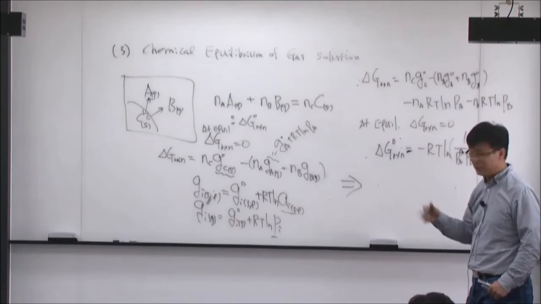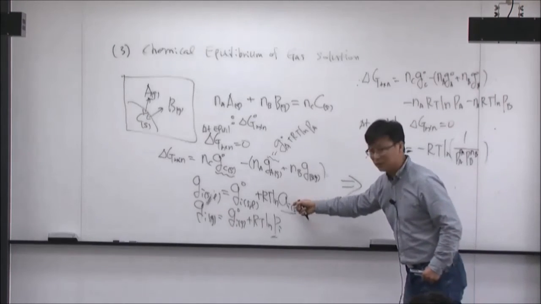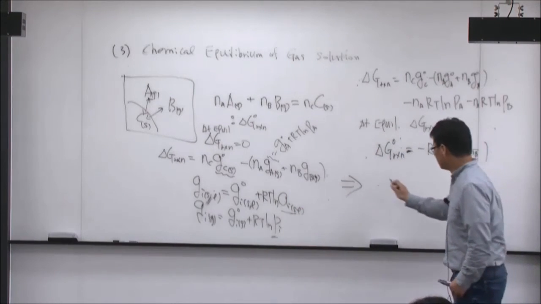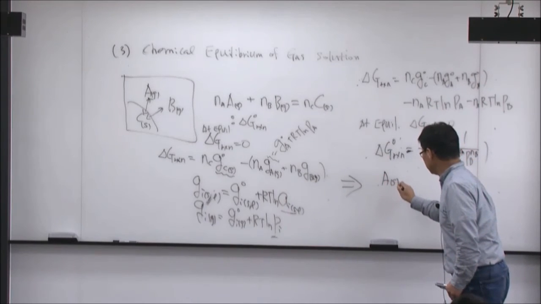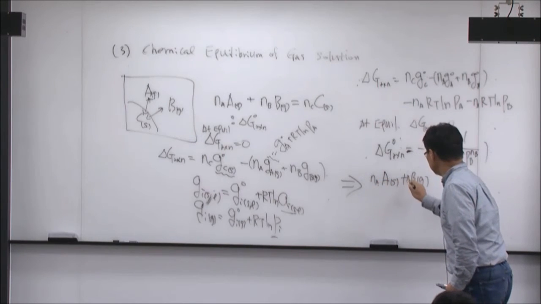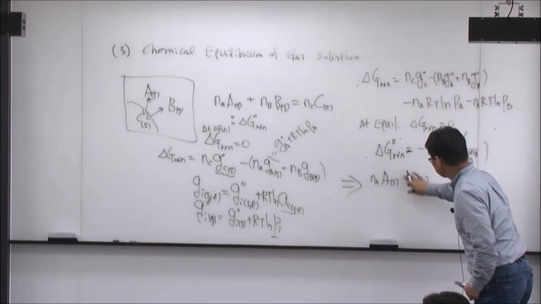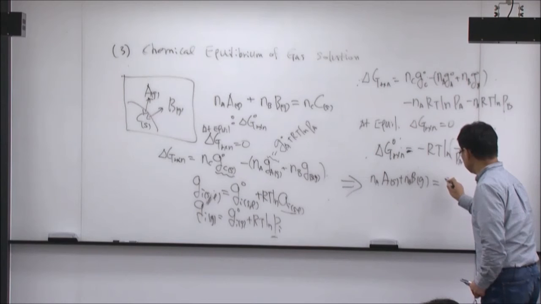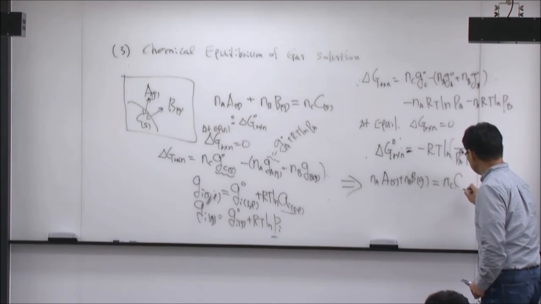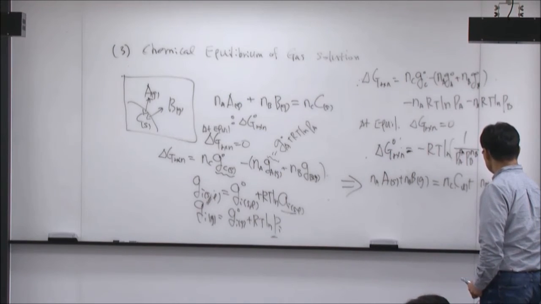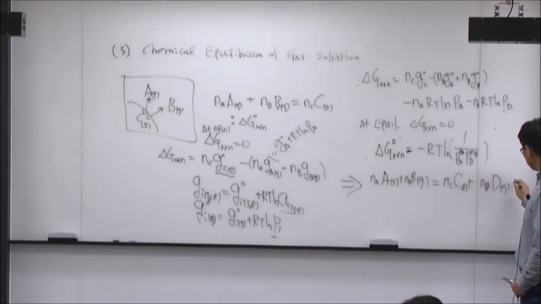if you really generalize this one, I mean, we haven't learned activity yet, but later we're going to learn. But let's just write it down. So when you have A, for example, solid, plus B gas phase, NA, NB, and then this will be, for example, NC of C liquid plus ND of D gas phase. So let's assume a chemical reaction like this.